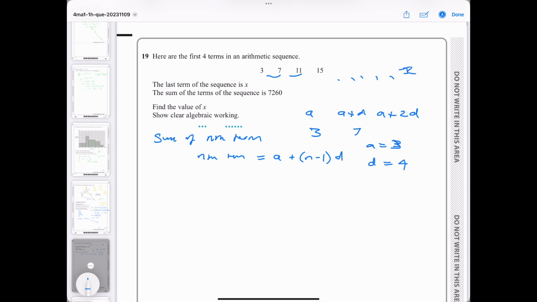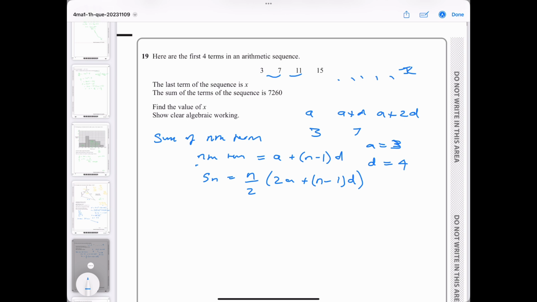Let's go for the sum of the nth term. The sum of the nth term equals n over 2 times 2a plus n minus 1 d. That is what we actually needed.